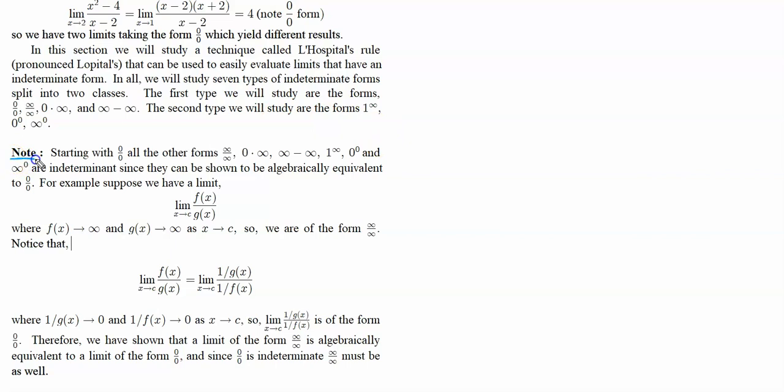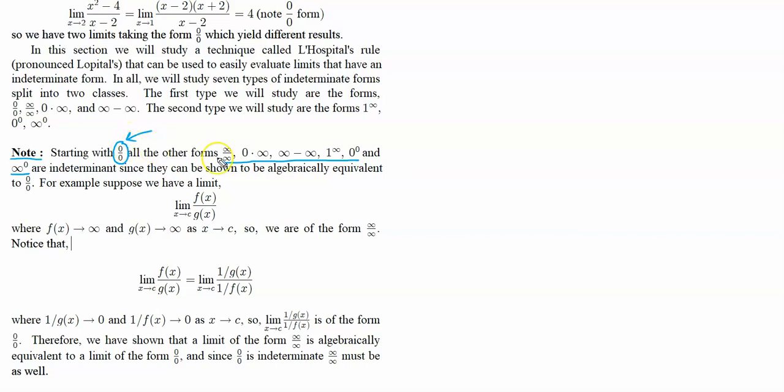Now let's take note of something important. If you start with the form 0 divided by 0, you can show that all the other forms, infinity over infinity, 0 times infinity, and so on, are equivalent to it. So when you have limits that look like these indeterminate forms, you can actually rewrite them so that they turn into this form.